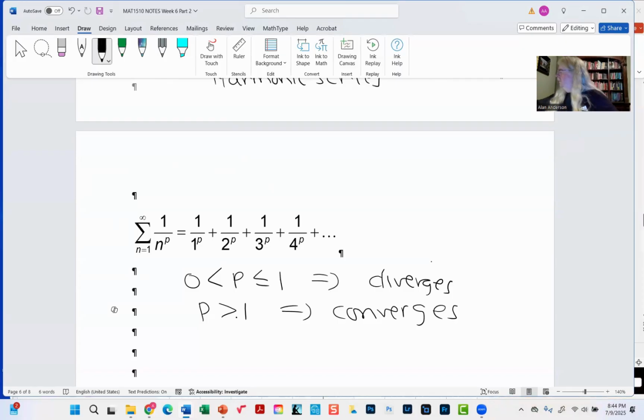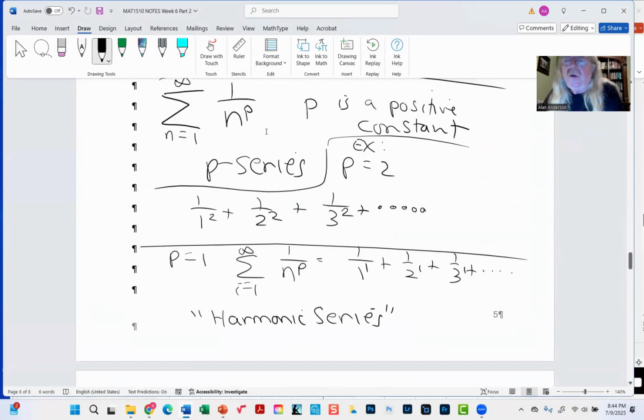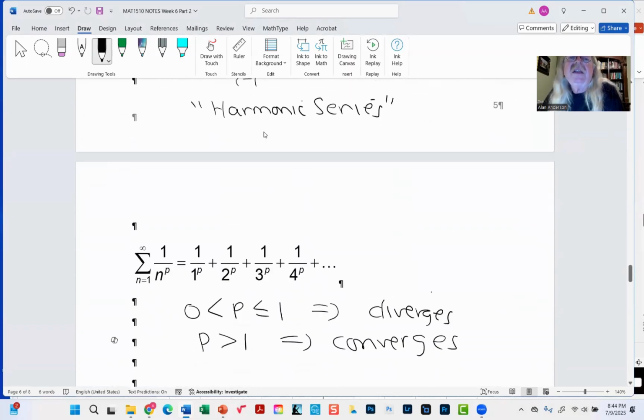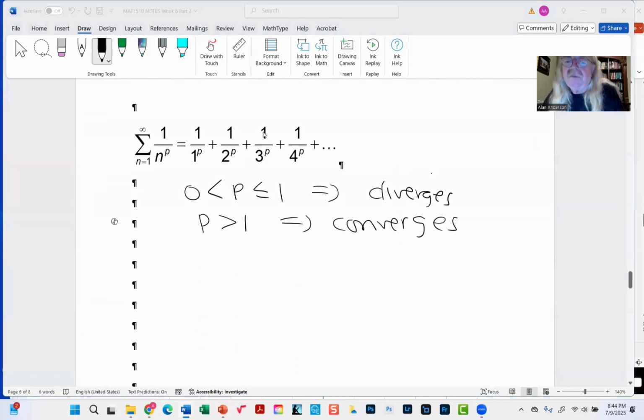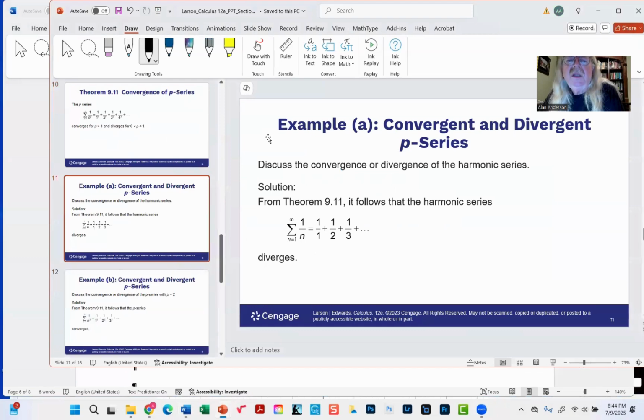All right. So sometimes our strategy will be simply to see if we actually have a p-series or a function of a p-series, and then we can see what the value of p is. Like this one, 1 over n.